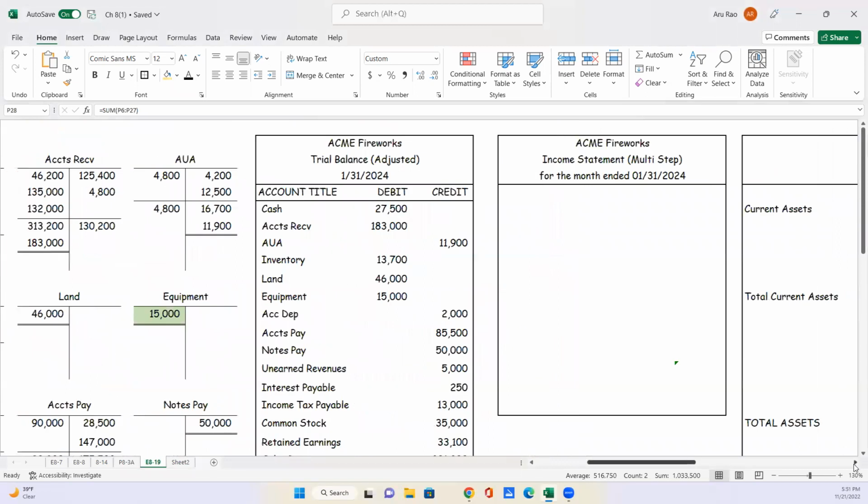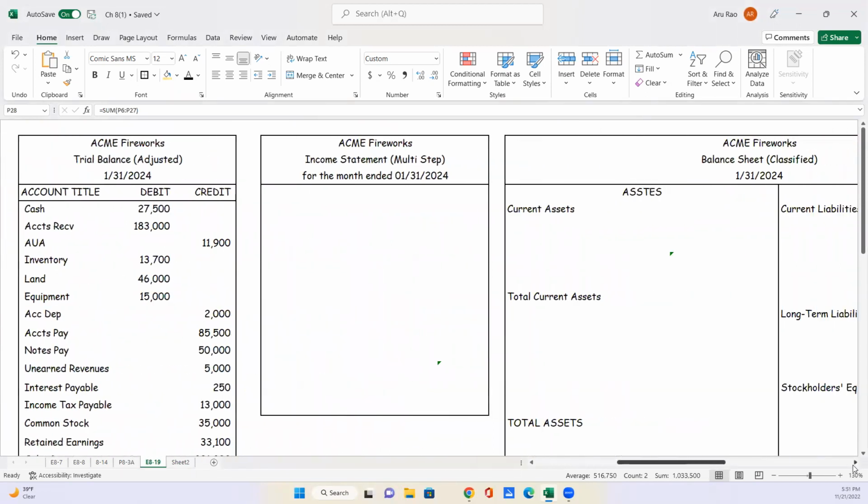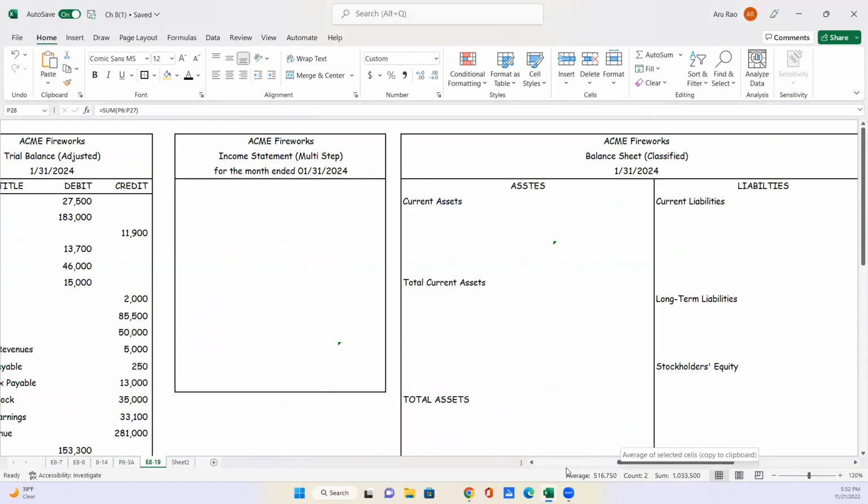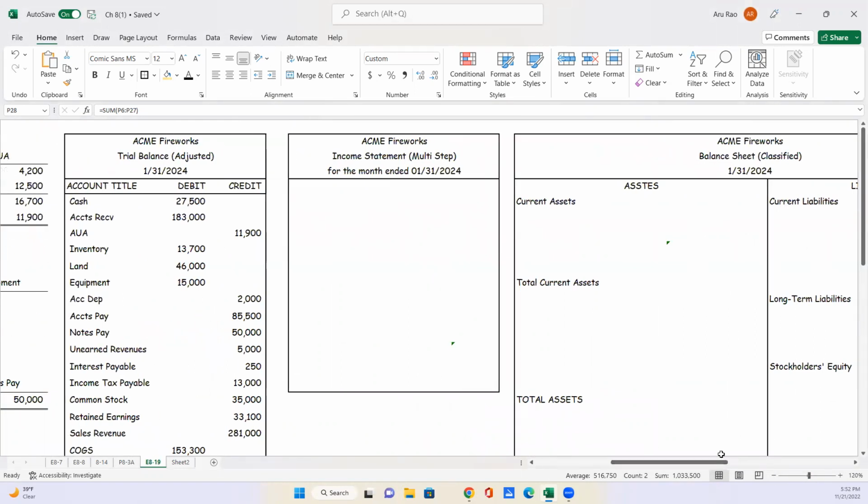Okay, so now that those steps are done, I'm down to preparing my financial statements. When I prepare my financial statements, there are several different ways in which we can handle this. What I'm going to do is look at my income statement and balance sheet. Let me minimize this a little so I can get all the information on one screen.